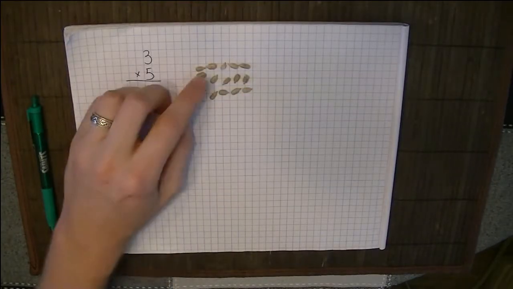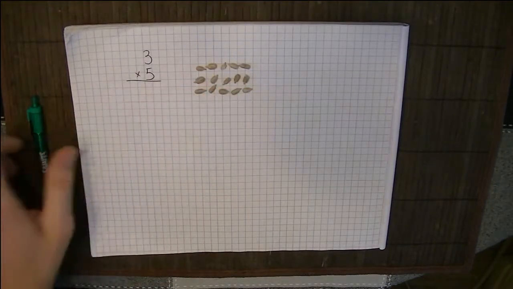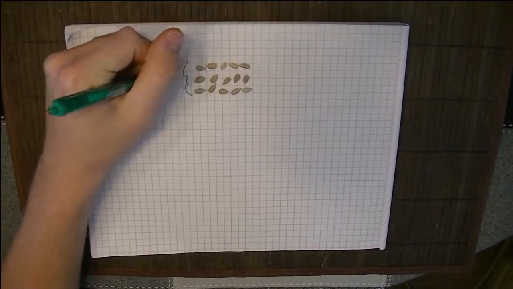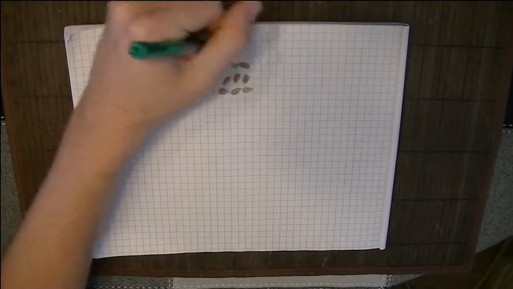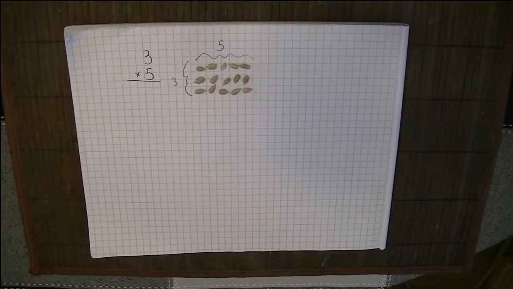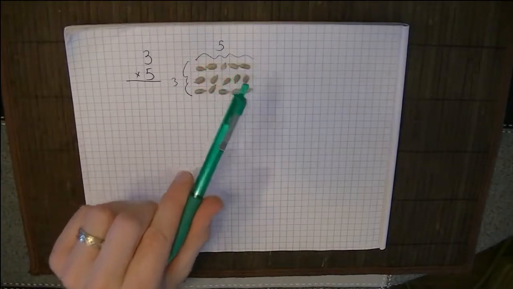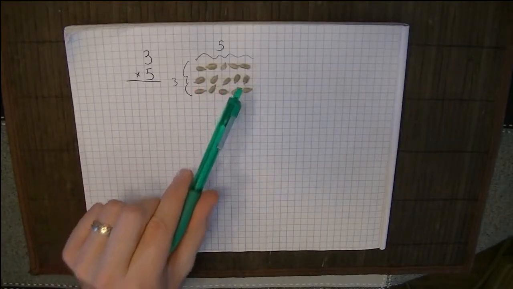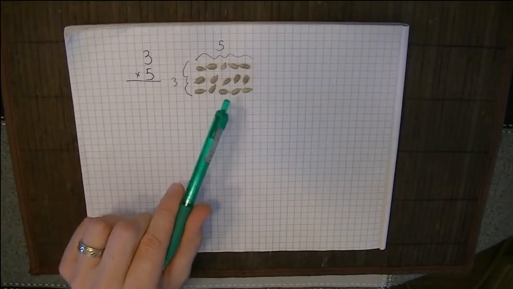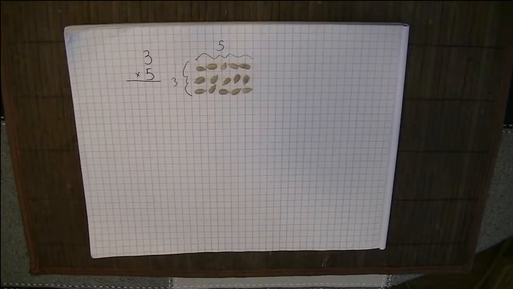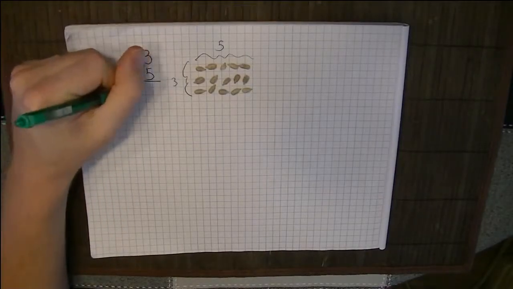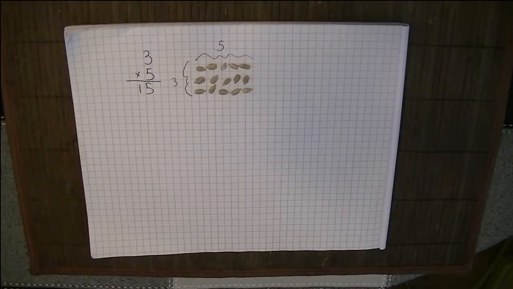So here we go. We now have 3 5s. And if we count these up, we will see there's indeed 1, 2, 3, 4, 5, 6, 7, 8, 9, 10, 11, 12, 13, 14, 15 sunflower seeds. So 3 times 5 is 15.